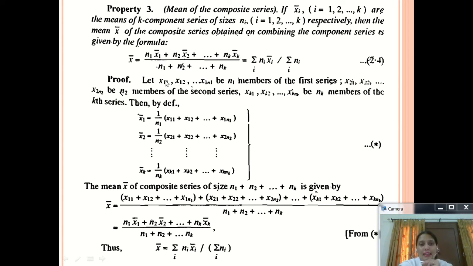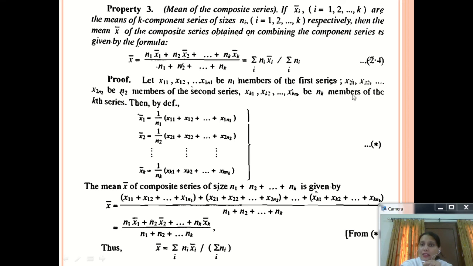This we will prove. Suppose x11, x12, ..., x1n1 be the n1 observations of the first series. x1 is the first series, x2 is the second series, x3 is the third series. x1 bar is the arithmetic mean of the first series, x11 is the first member of the first series, x12 is the second member, similarly x1n1 is the n1th member of the first series.